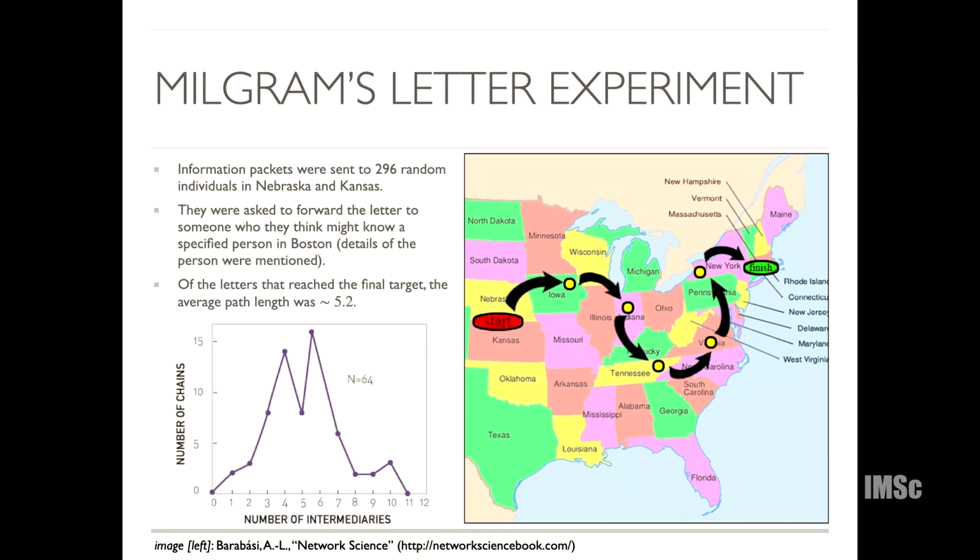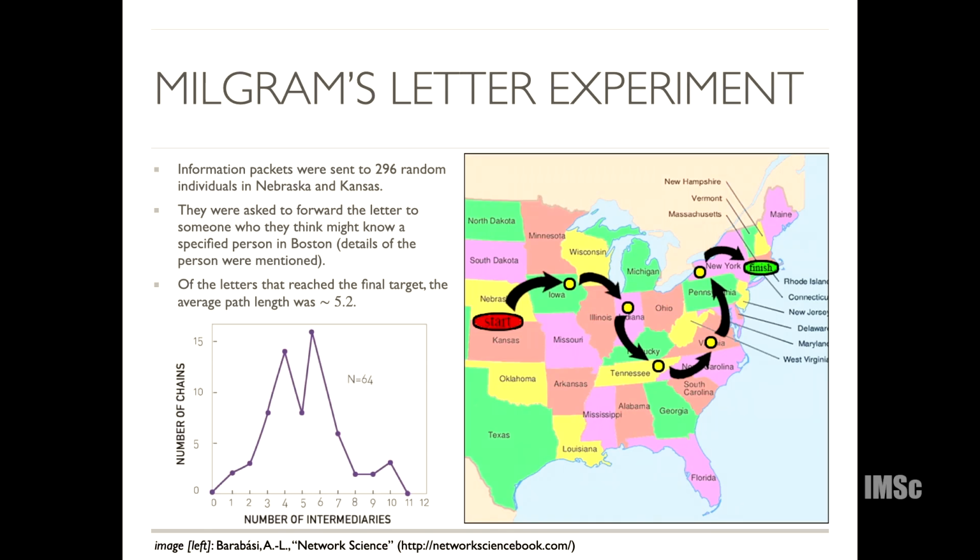They gave some details, and then said that what you need to do, the recipient of this package, is mail it to somebody who you think is likely to know this person. Obviously they're only going to mail it to people they know.